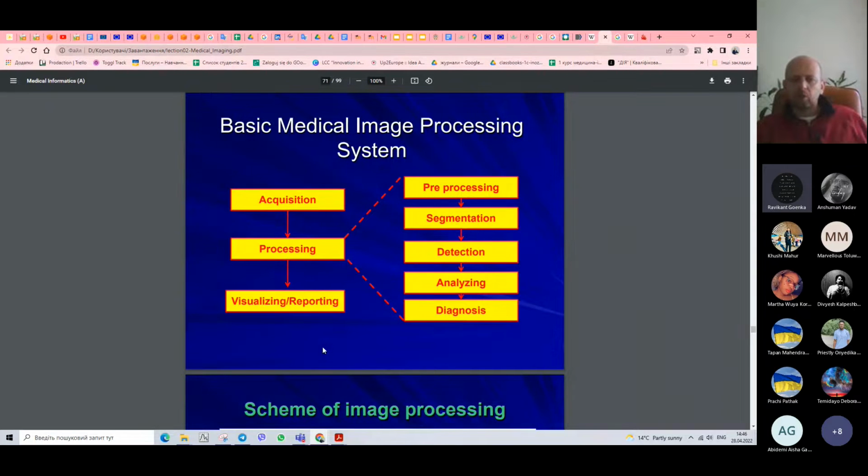Now we will talk about basic medical image processing. In this part digitalized processing is present. In the beginning there is acquisition and visualization, but between them is processing. And in our classes we will try to get some experience with image processing: pre-processing, segmentation, detection, analysis, and diagnostics.